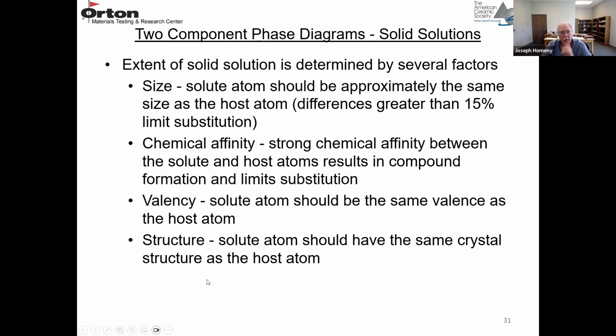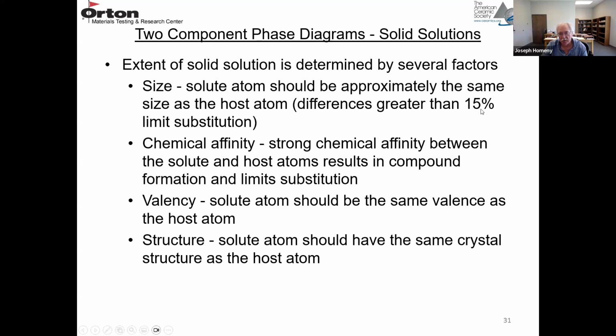So how does a solid solution form? Well, there are four different reasons. First of all, you have to consider the size. The solute atom should be about the same size as the host solvent atom. If the difference is greater than 15%, there's going to be very limited solid solution forming, limited substitution.